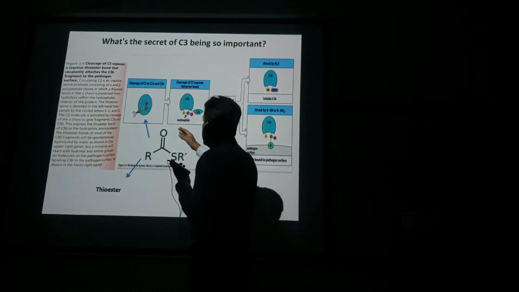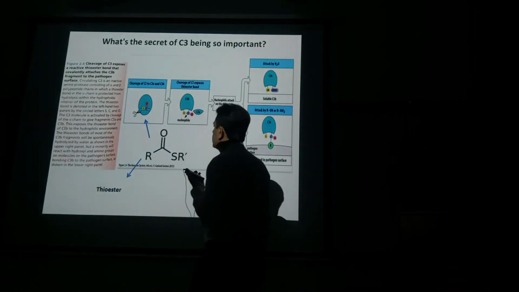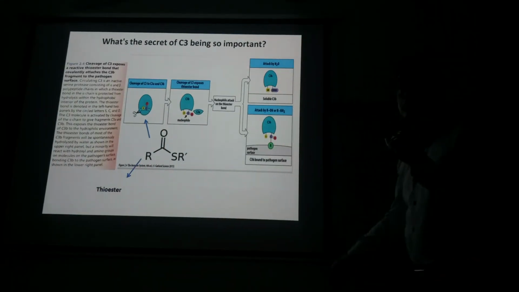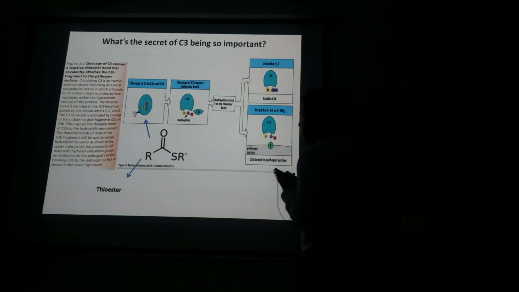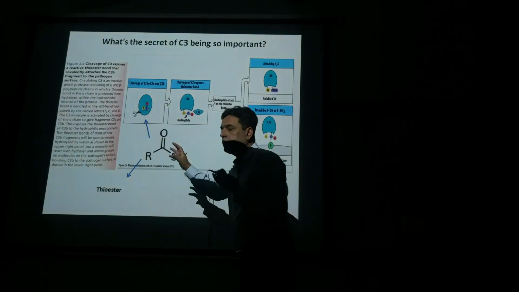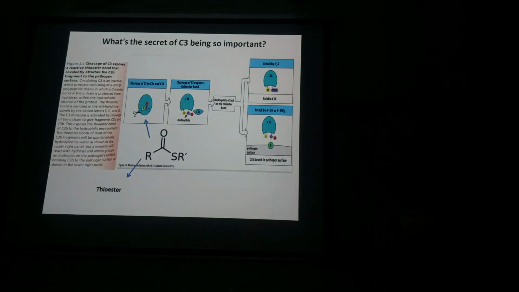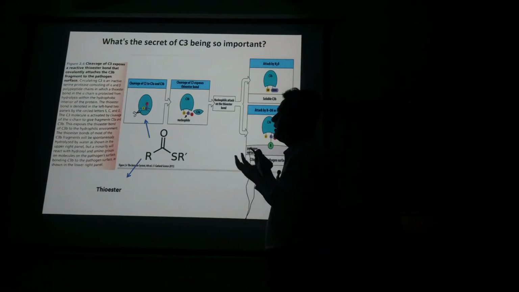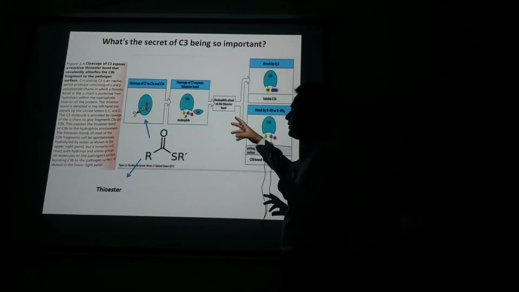Actually, if you look here, here is a bond. Here is sulfur, carbon, and oxygen. This is a thioester linkage. Okay, so the thioester linkage, when C3 is in inactive form, synthesized in the liver, is hidden inside this particular structure of C3.